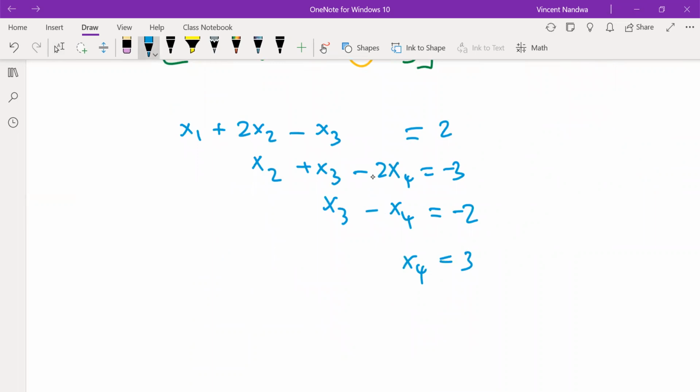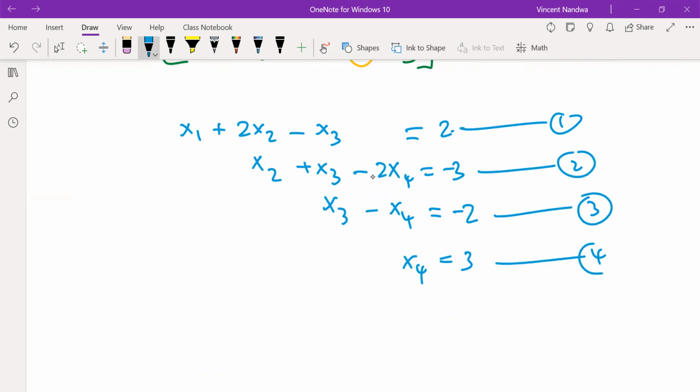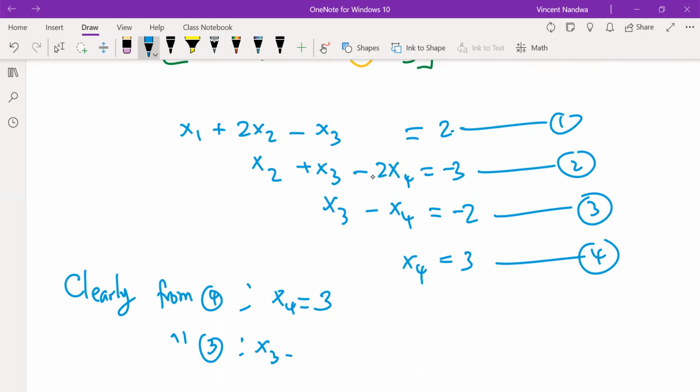So we call this equation 1, equation 2, equation 3, and then equation 4. So clearly from 4, x4 is 3. So from equation 3, we get x3 is minus 2 plus x4, which is minus 2 plus 3, which is 1.